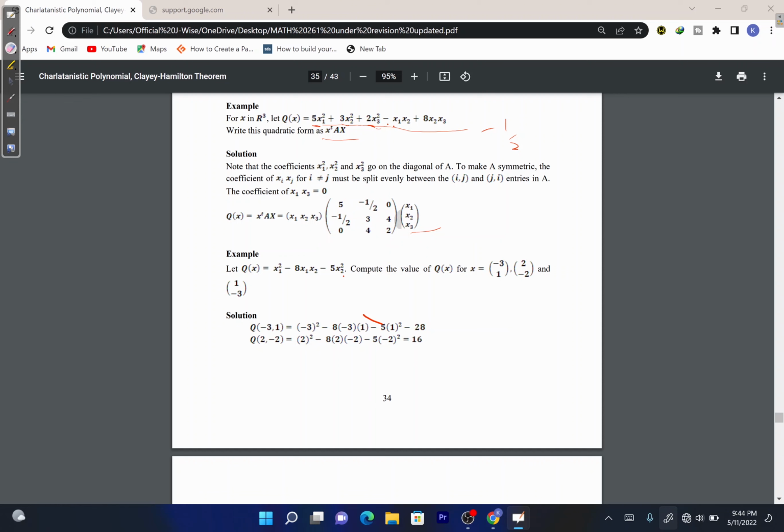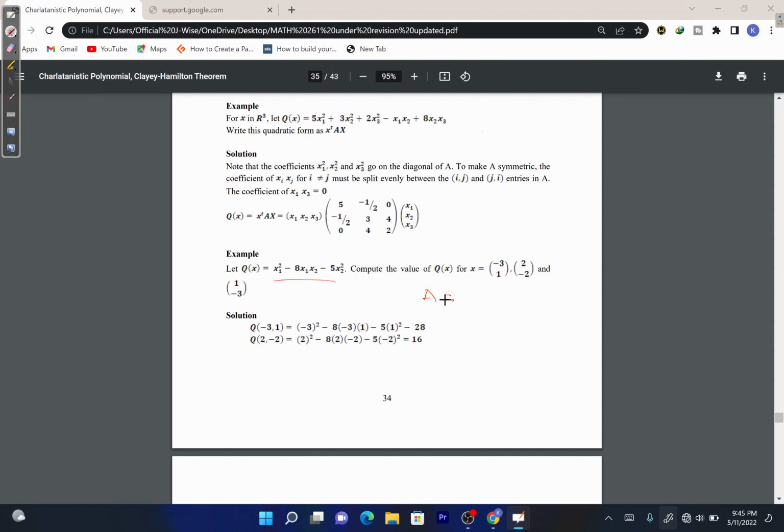Let's look at another example. We have q of x given by x1 squared minus 8 x1 x2 minus 5 x2 squared. We have to compute the value of q of x for these vectors: -3, 1; 2, -2; and 1, -3. First of all, we generate our matrix A from this.